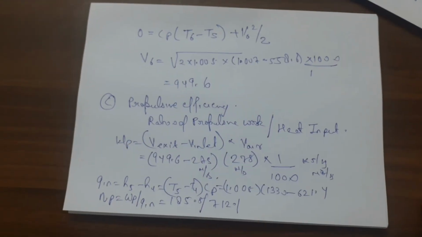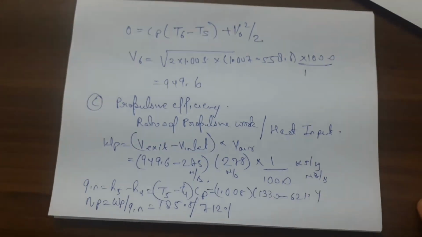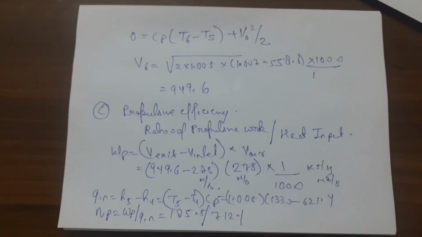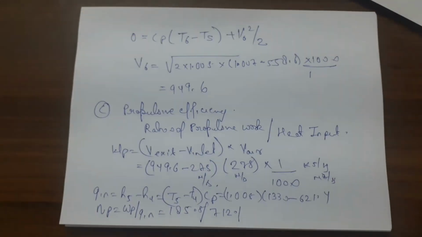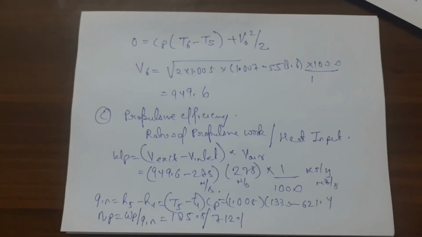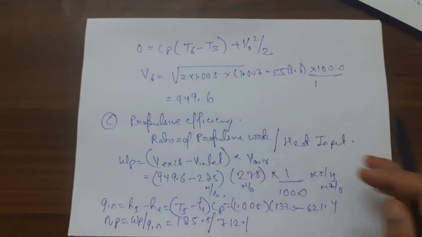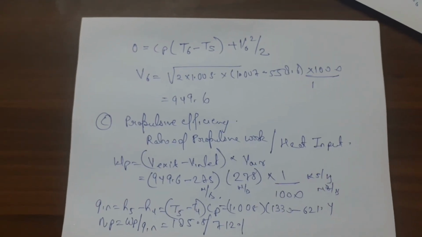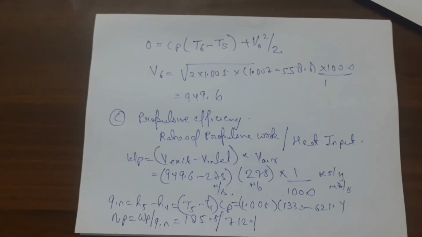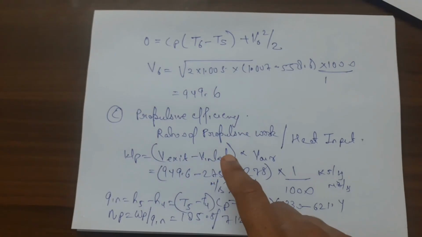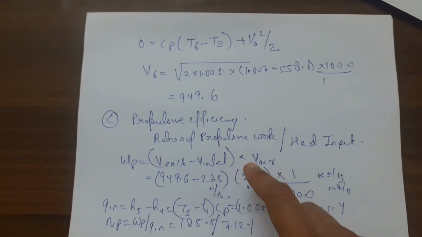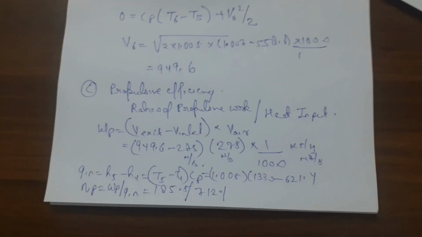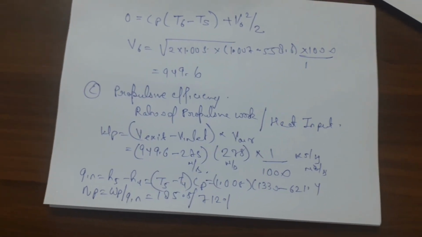Moving further, for finding the propulsive efficiency. Propulsive efficiency is defined as the ratio of propulsive work upon the heat input. This formula we have to remember. So Wp is equal to (velocity at exit minus velocity at inlet) into velocity of air. So Wp is defined like that. Putting the values, we can easily get the value of Wp.